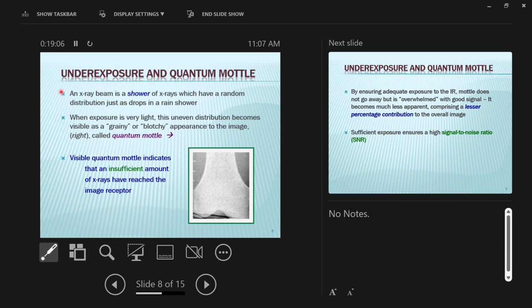It's underexposed. It is bright to begin with because it's underexposed, but then it's also got this granular or grainy appearance to it. When you see this grainy appearance, we call it mottle or quantum mottle, and it's due to an insufficient amount of X-rays reaching the image receptor. This can come from insufficient mAs, or it can come from insufficient kVp, which we'll talk about later.